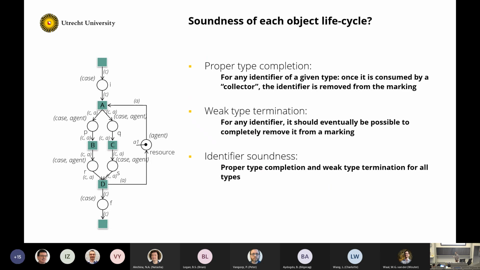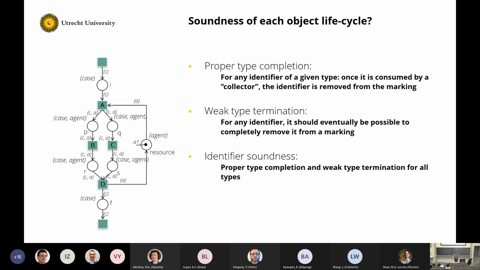What we mean by behaving nicely is proper completion, for example. It says, once a collector fired for an identifier, then that identifier is no longer in the resulting marking. So proper type completion just means if I fire a collector, there are no references left in the model. If I remove it, it's completely removed.